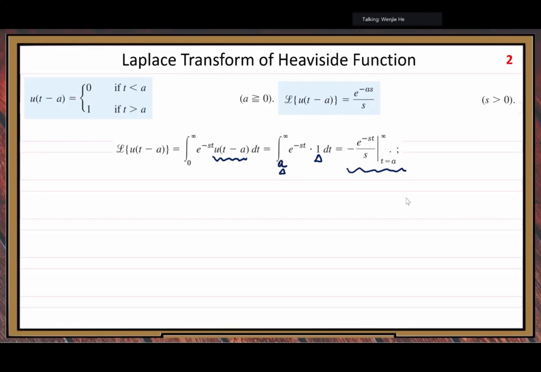The main part is the f function. The main content is the little f function. But we need to use the u function to chop part of the f function. So that's why we use this u function.